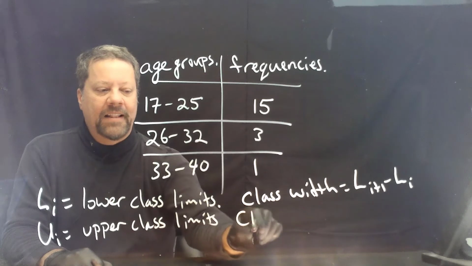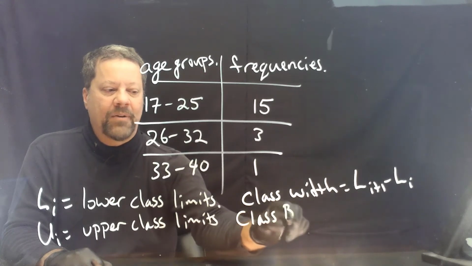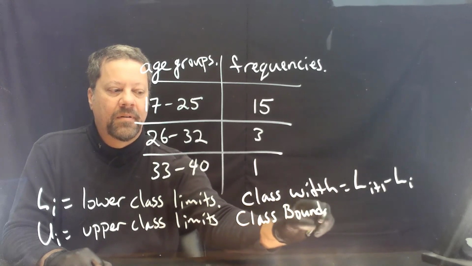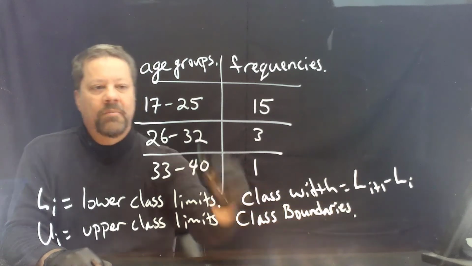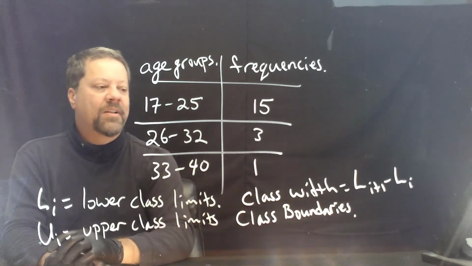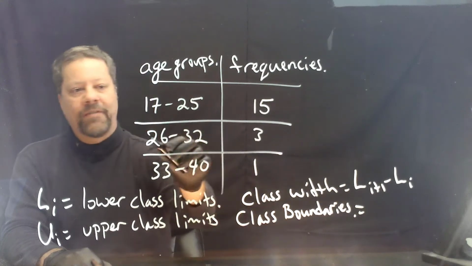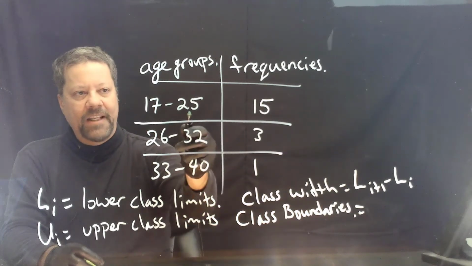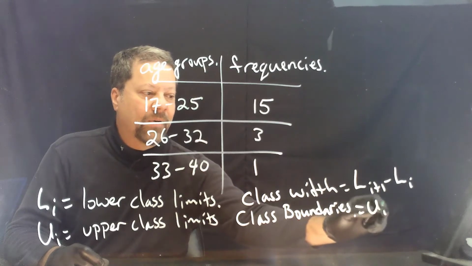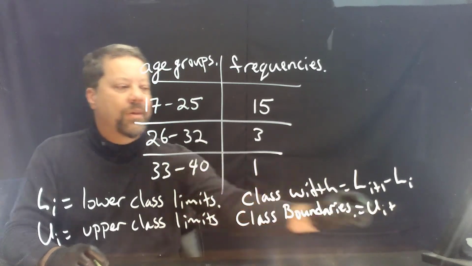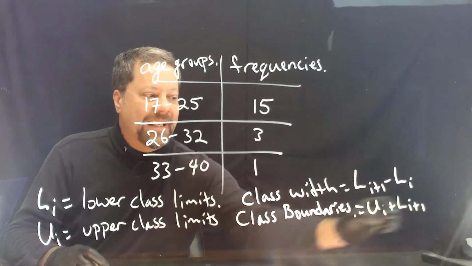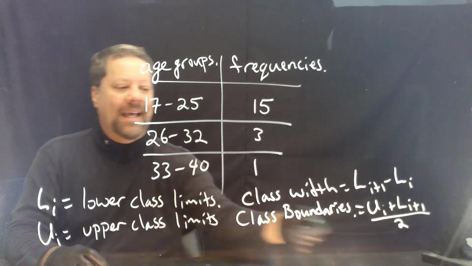Technically, we'll define the class boundaries between these classes to be the average of 25 and 26. So we're going to have the upper class limit of one category averaged with the lower class limit of the next category.